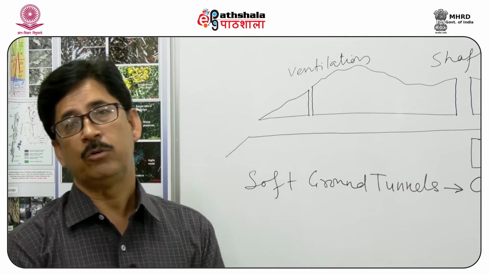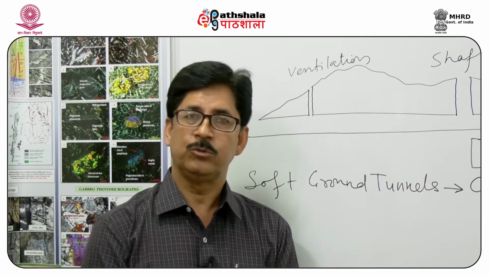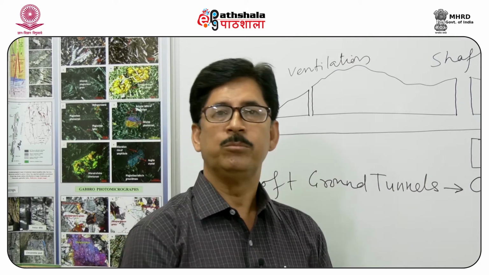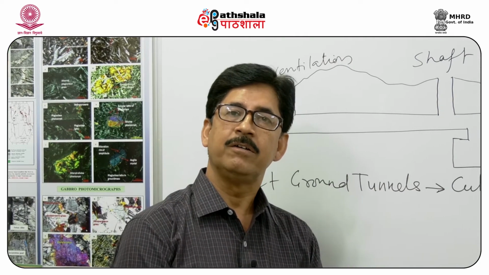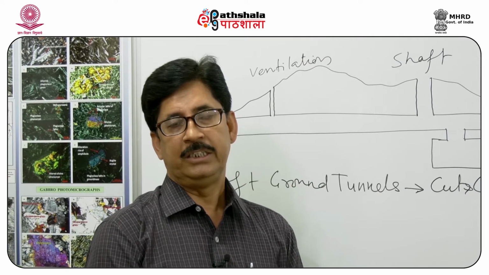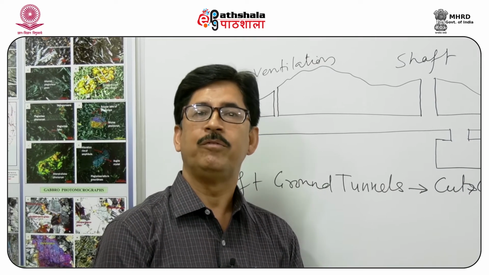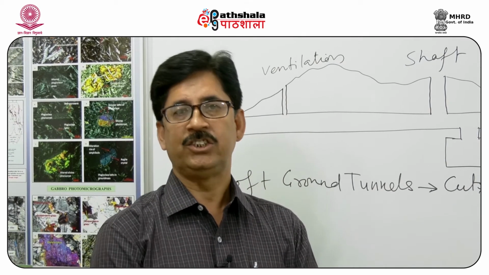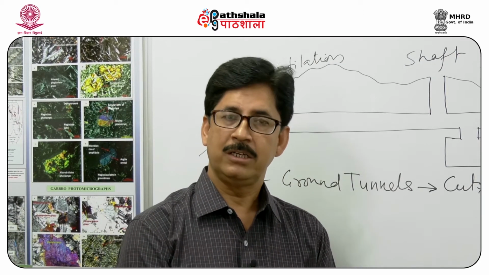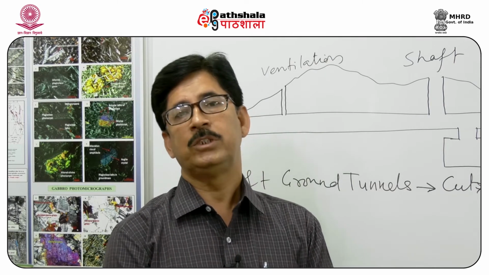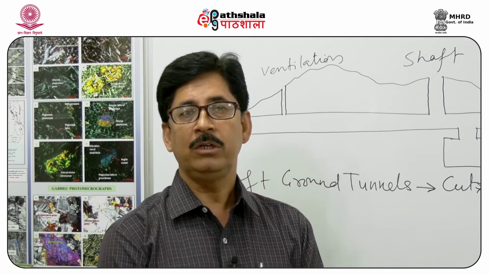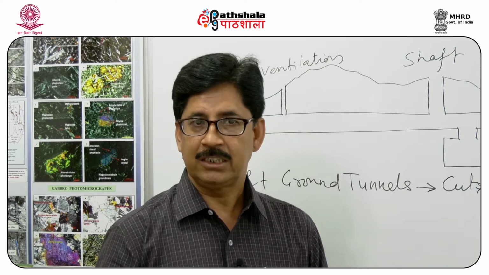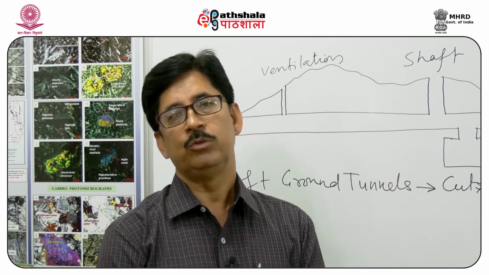When we go for soft ground tunneling, we have some problems associated with this tunneling operation, which are mostly related to earth failure. These earth failures may be in the form of raveling ground, where the earth starts falling as chunks from the vertical walls. We have problems of squeezing ground, wherein moist soil walls start squeezing into the opening.